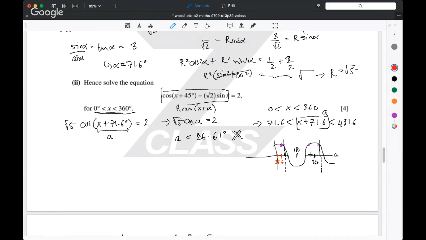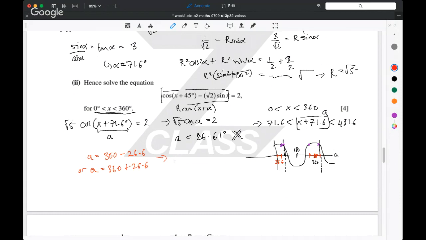And these ones are sort of the same distance away from 360. So actually, A is equal to 360 minus 26.6, or A is equal to 360 plus 26.6. And these are both valid values.